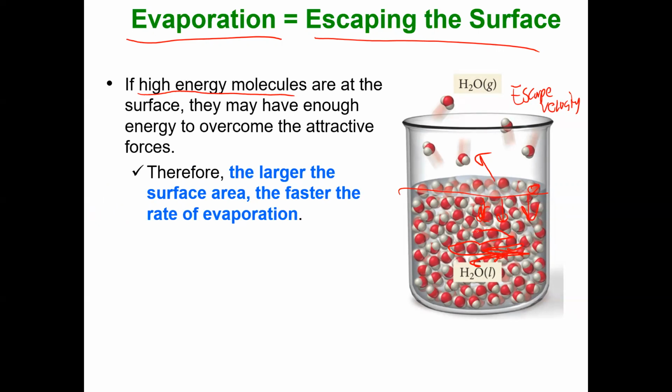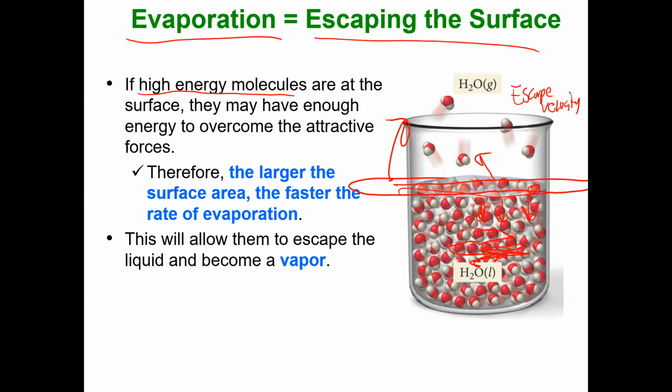If you have a puddle on your driveway, what's an easy way to have it evaporate and dry up quickly? Get a push broom and sweep it across the driveway. You increase the surface area, so you have a greater probability of molecules at the surface escaping.